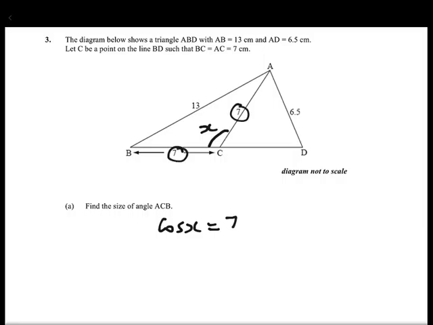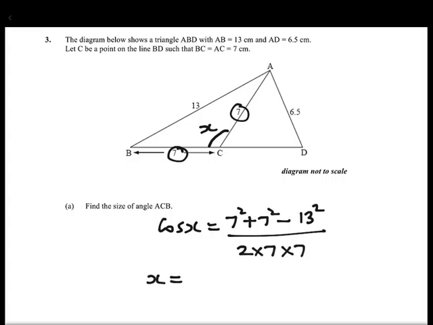So 7 squared plus 7 squared minus the remaining side, 13 squared, divided by 2 times 7 into 7. So x is cos inverse of this expression, which is approximately 136.4 degrees, approximately 136 degrees. This is how you find the angle.